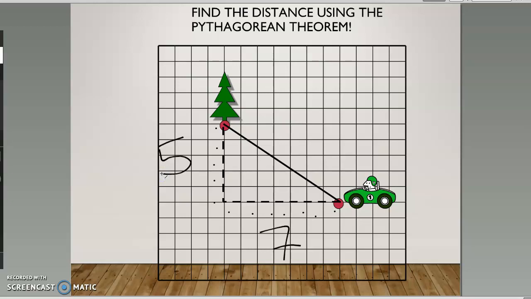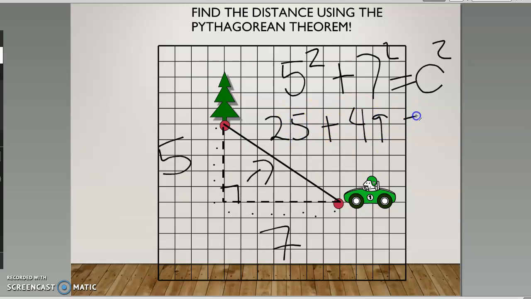So according to the Pythagorean theorem, this is my right angle. I want to find the distance. So that's going to be a squared, which is 5 squared, plus b squared, or my other leg, which is 7 squared, equals c squared, or my distance squared. So 25 plus 49 is equal to c squared.